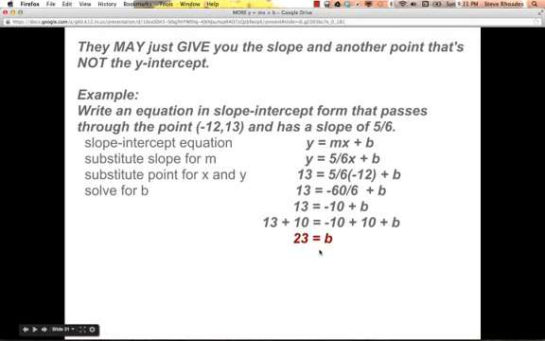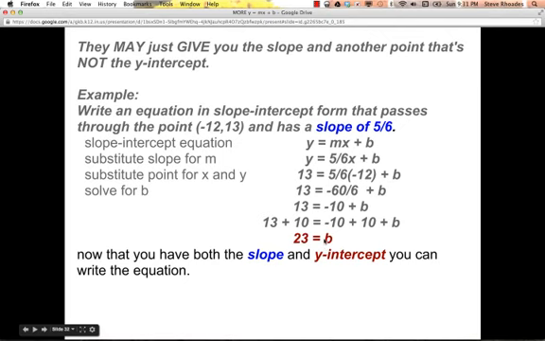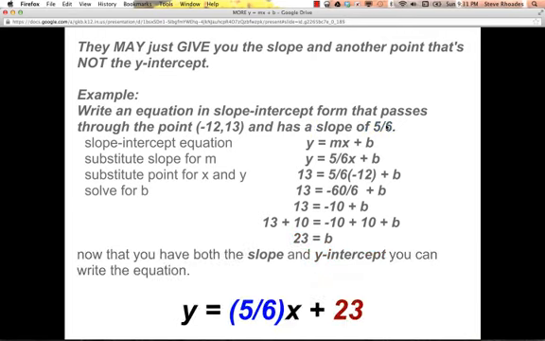So now we have our y-intercept, 23. We have our slope, which is 5/6. Now we can write our equation. Again, just like we did before, by substituting the slope in place of m and the y-intercept in place of b. Here's our equation. Y equals 5/6 x plus 23.